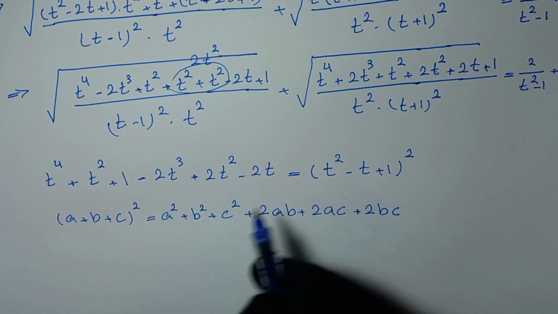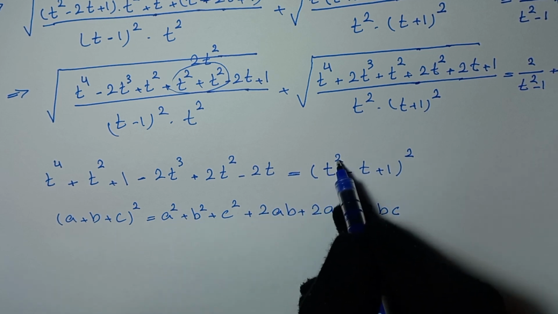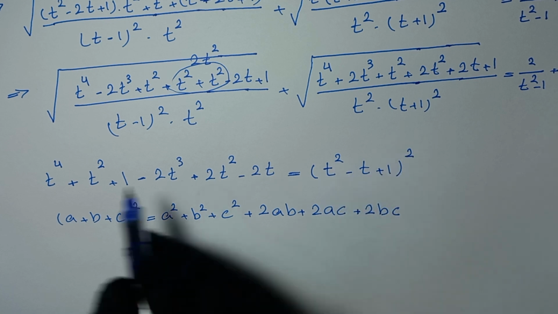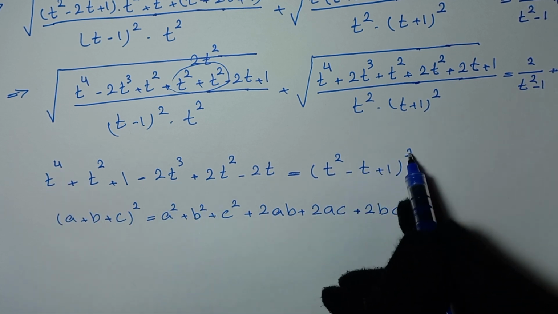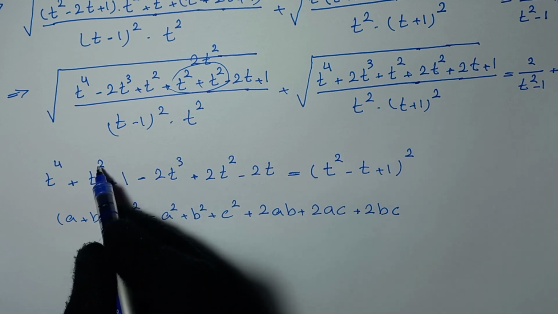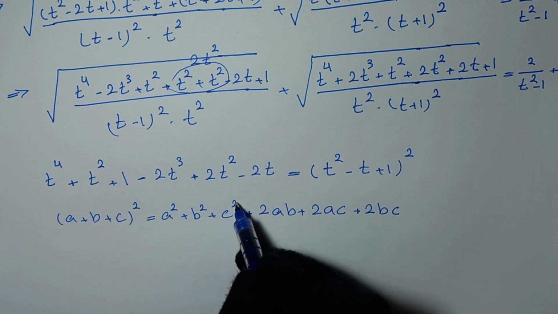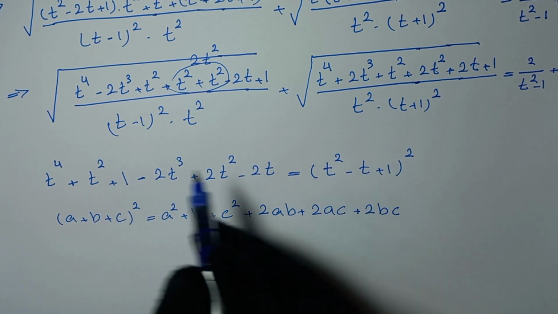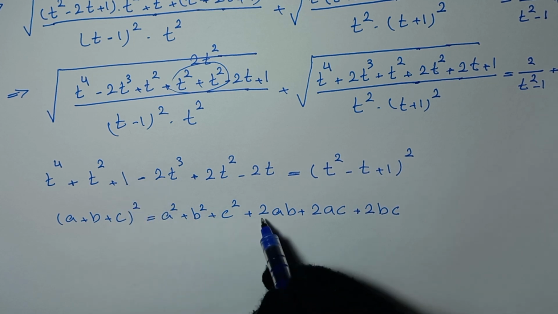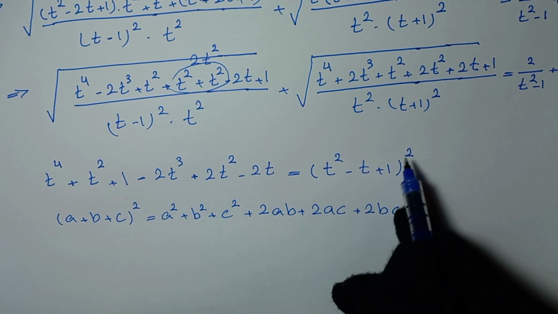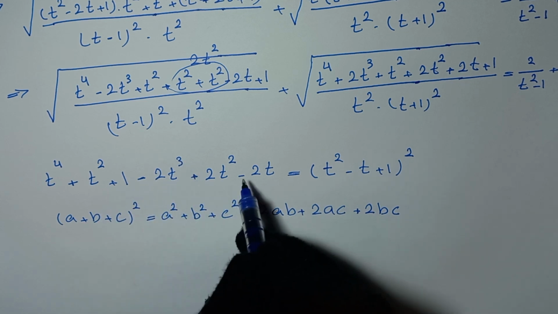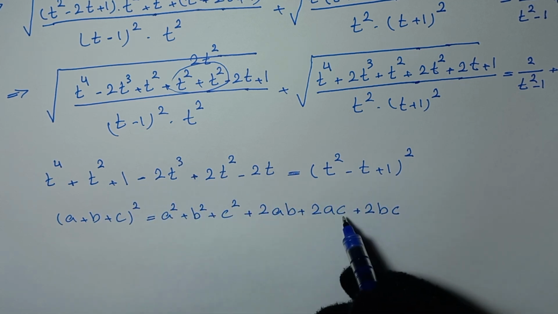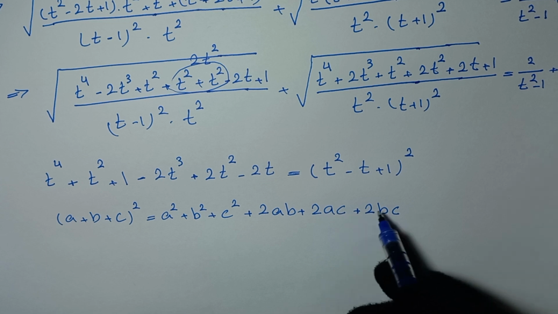So in here it will be a squared, t squared to the power of 2, it will be t to the power of 4, and b squared, it will be negative t to the power of 2, it will be t squared, right? And c squared, it will be 1 to the power of 2, it will be 1, and 2ab, it will be 2t squared times negative t, it will be negative 2t cubed. And also for these two parts, this is in the form of 2ac and 2bc, right?